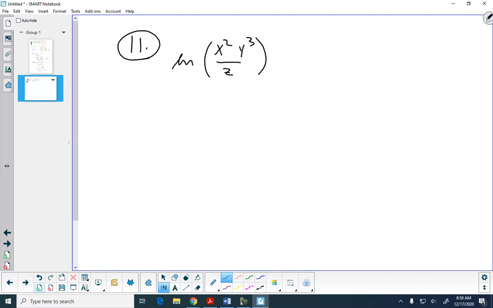We want to calculate this. And what I'm giving you is the ln of x is equal to 5, the ln of y is equal to 7, and the ln of z is equal to the value of 2.